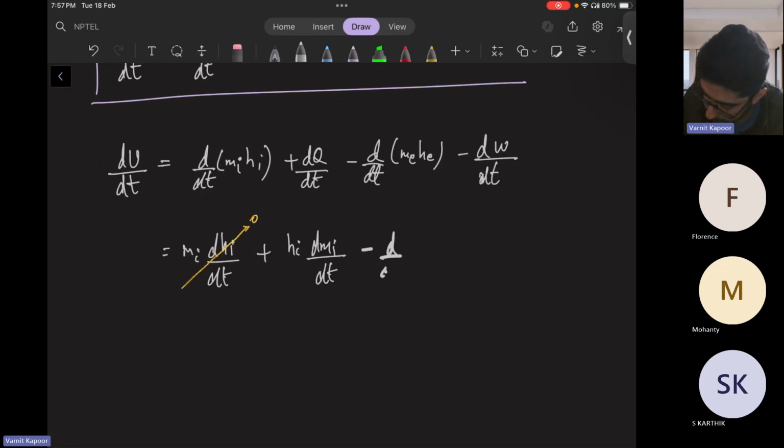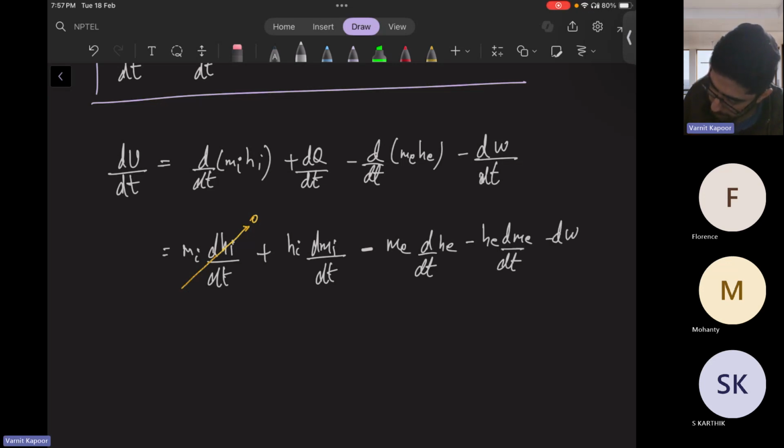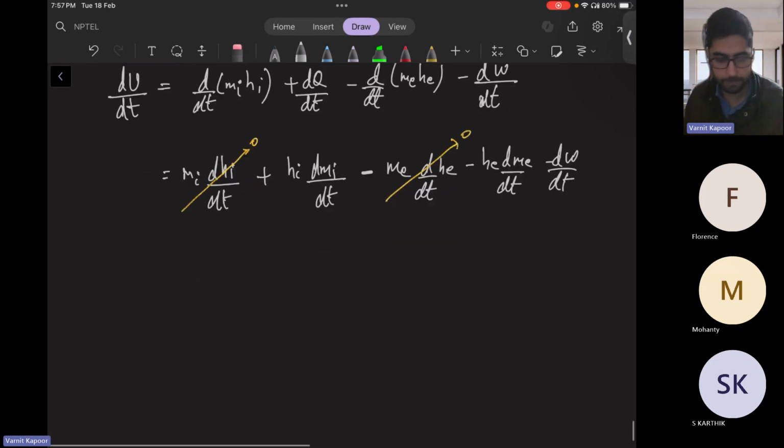Similarly here, me d by dt of he plus he d by dt of me, minus dW by dt. Again, this variation is also 0 at inlet and outlet. We have assumed this thing.